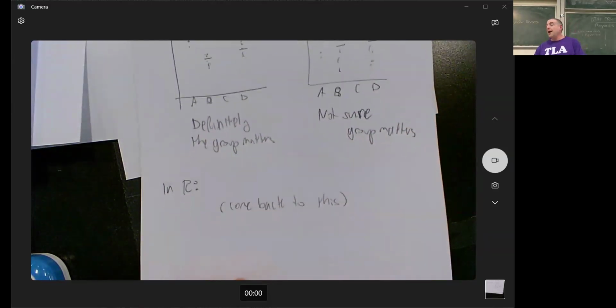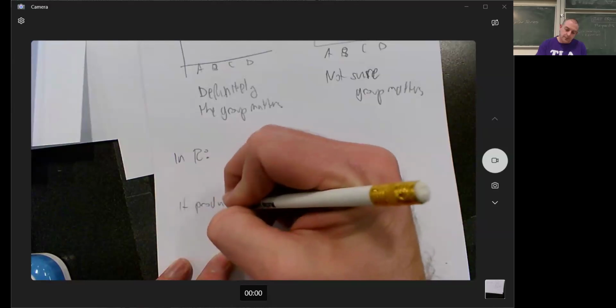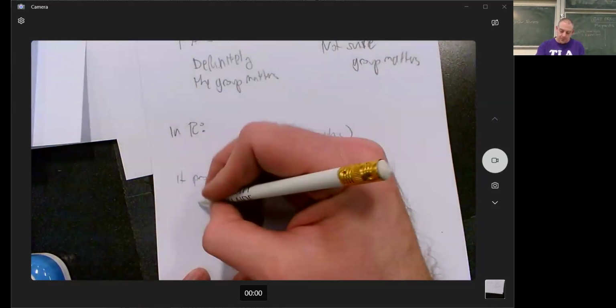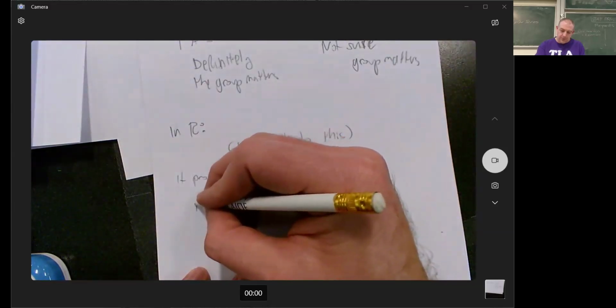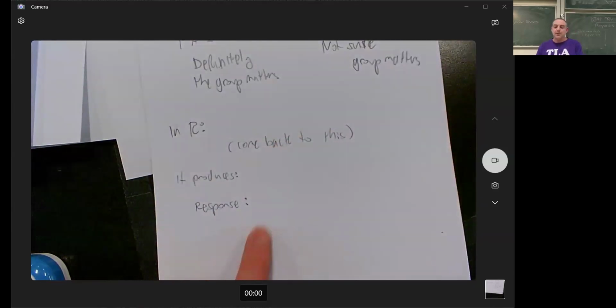But I do know what the R will produce when you ask it to do that. It'll produce something like this. It produces response, and it will say the name of the variable here.